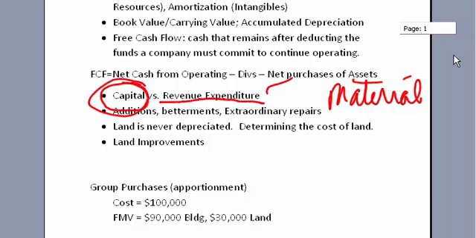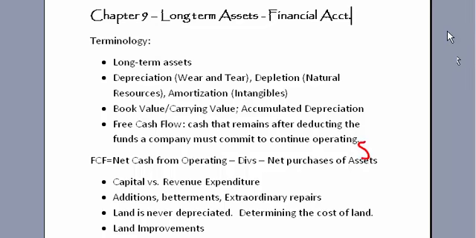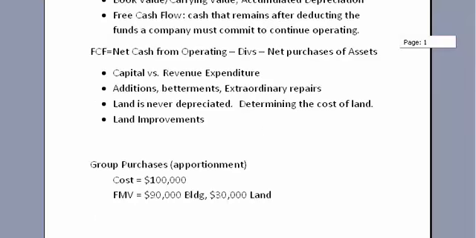But since it's such a small amount, we would just expense it into the current time period because the amount is not material. Remember that materiality is the concept that an amount is material if the investor knows it and makes a different decision. So the question is, what amount is material? Is $50,000 material?